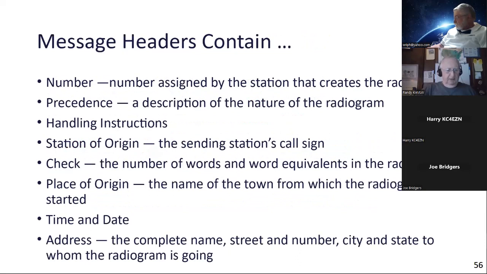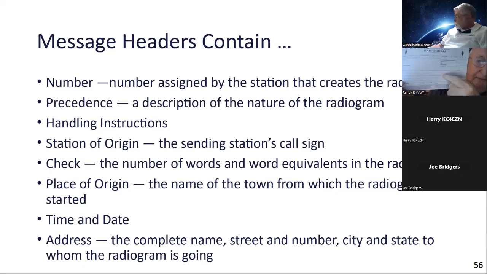Okay, time and date. Well, let me go back up. Number: the number assigned to the station that creates the radiogram. Precedence is the description and nature of the radiogram, handling instructions, station of origin, the one sending it, the check, the number of words and word equivalents in the radiogram, which is down here.